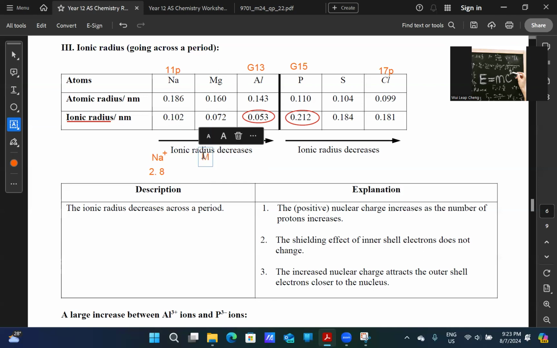Magnesium is also 2, 8 because it loses 2 electrons. Aluminum is also 2, 8. How about the phosphide ion? It gains 3 electrons.